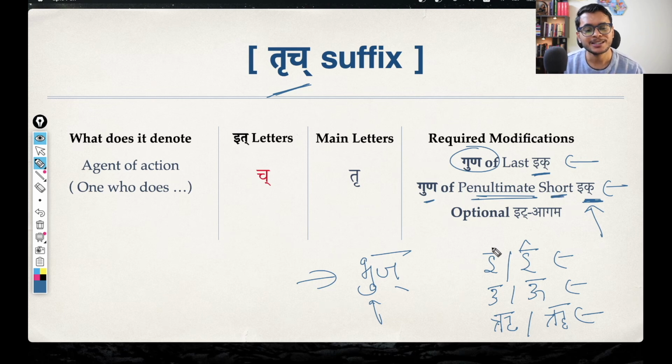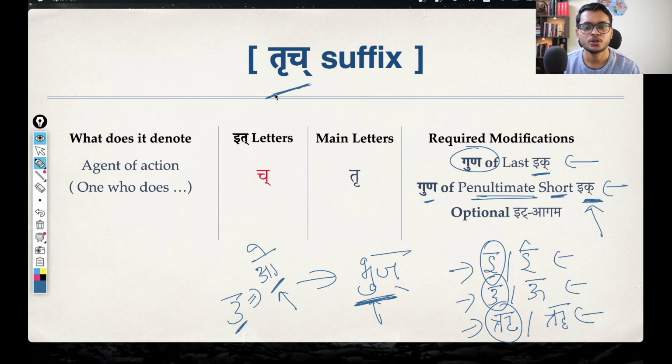So basically it is saying that only the short ones, short i, short u, short ri. The guna will happen only if these are short vowels. So here in this example, bhuj, this penultimate u is the short u, the hrasva u. So the guna will happen. And you know now, the guna of u is o. Okay, so due to this trich suffix, this dhatu bhuj will see this modification, that instead of bhuj, it will become bhoj, because the penultimate u has become o. So these are the required modifications.